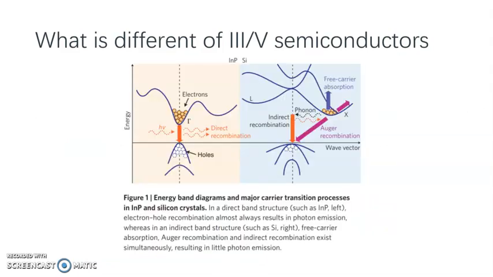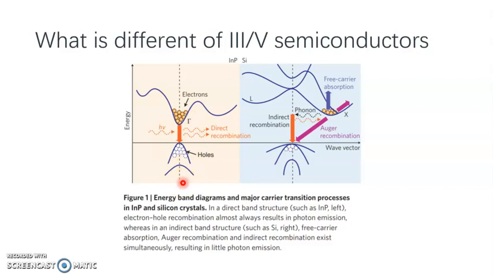In direct band gap materials, for example gallium arsenide and indium phosphide, radiative recombination occurs rapidly and efficiently via a simple two-particle process. Direct band gap materials have the structure in which the lowest energy points of both the conduction band and the valence band line up vertically on the wave vector axis. That is, they share the same crystal momentum.